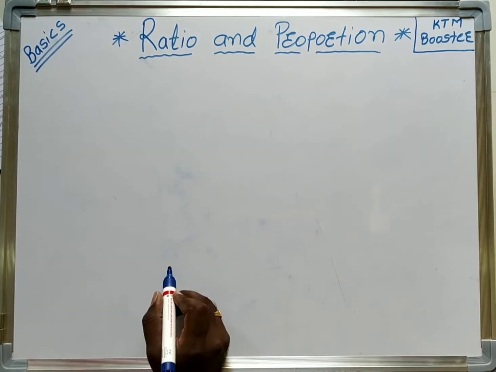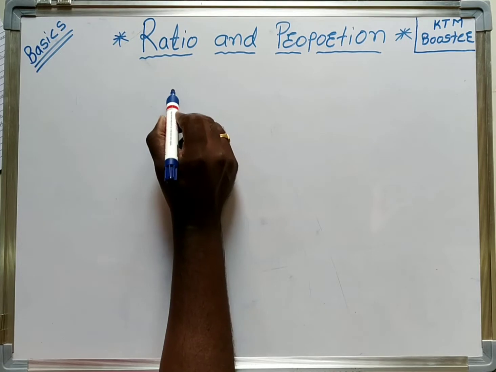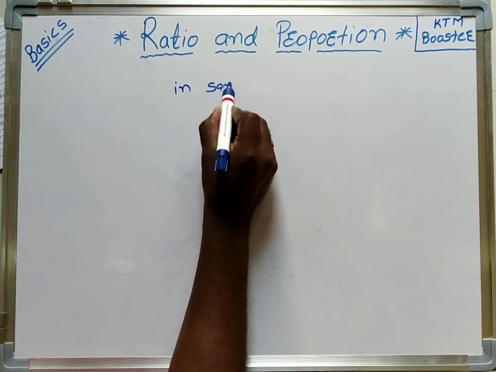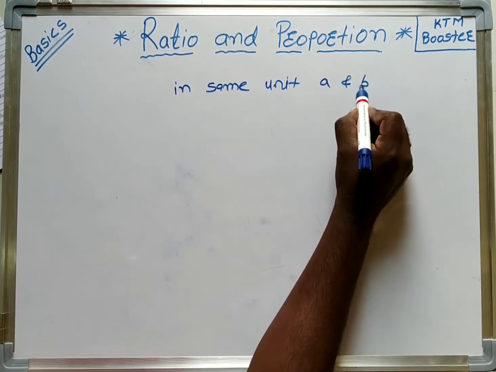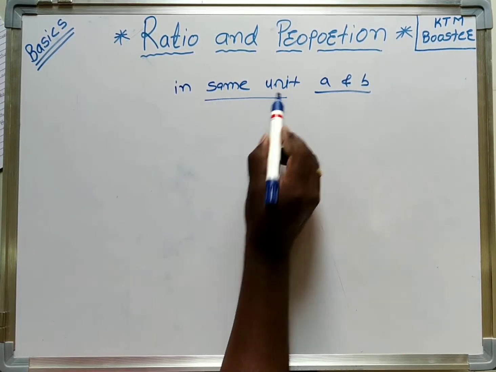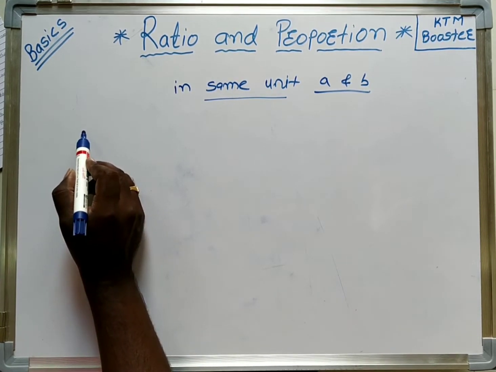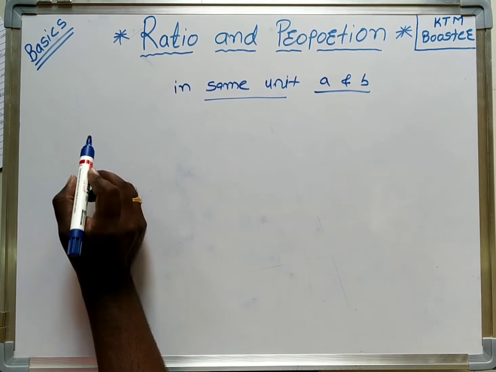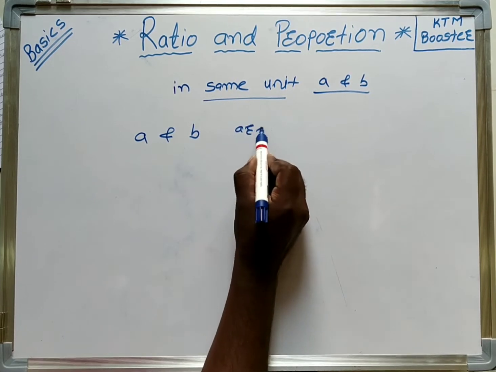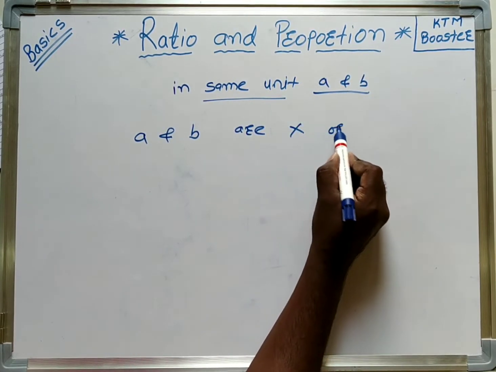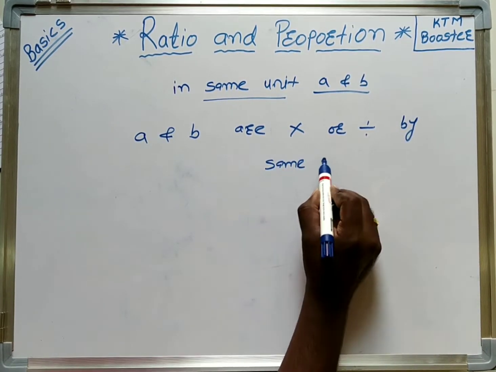Okay? To find the ratio of any two quantities, they must be in the same unit. That is, A and B must be in the same unit. Now, the ratio does not change if both the terms, A and B, are multiplied or divided by the same number.